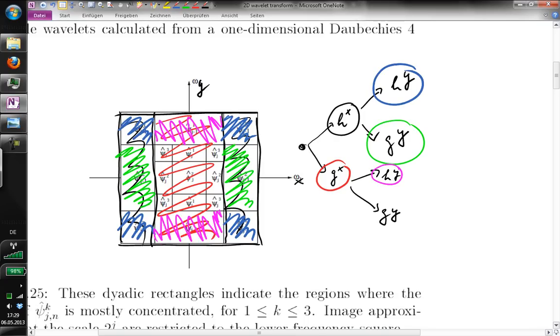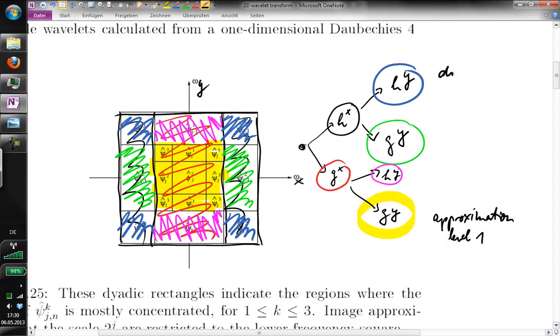And I'm left with this one here, which is that part. So at this stage, I have these four regions: the blue, the green, the purple, and the yellow. The yellow is low pass in both X and Y directions, so this is an approximation at level, well, let me call this 1.